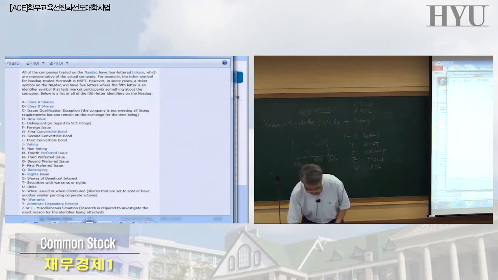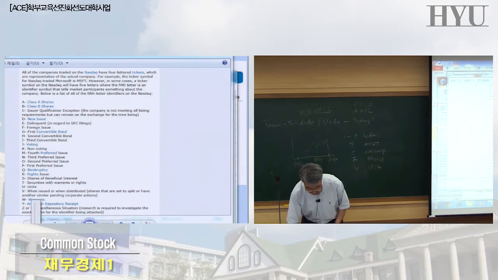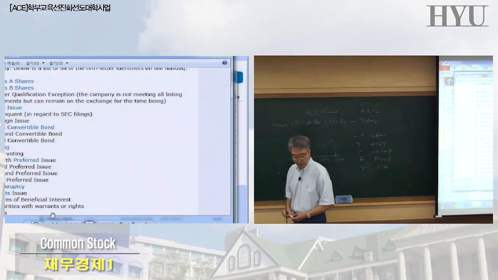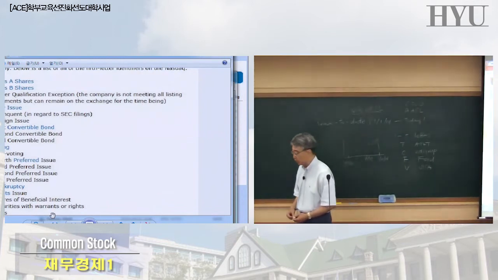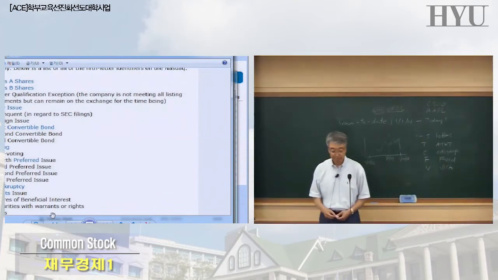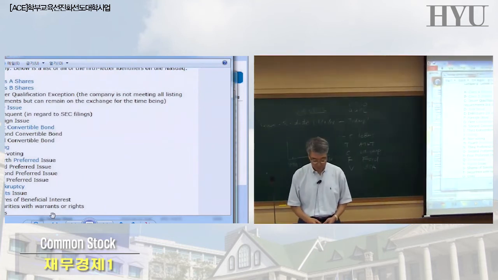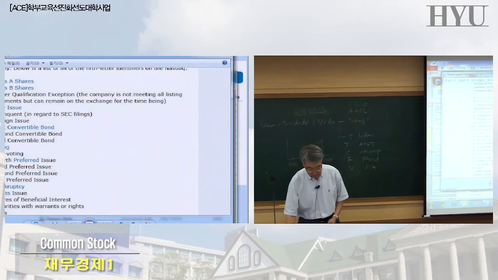If it's A, it means A share. If it's B, it means B share. About the classes, we're going to talk about it in a few minutes. But the fifth letter has a meaning here.